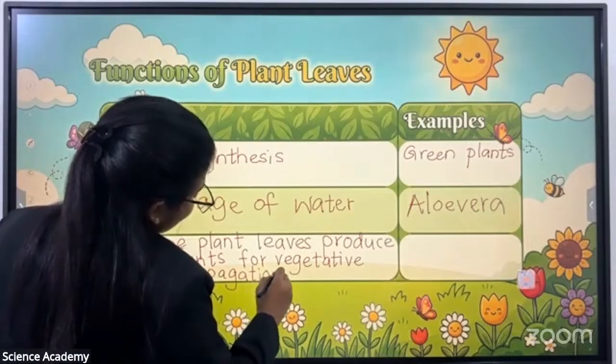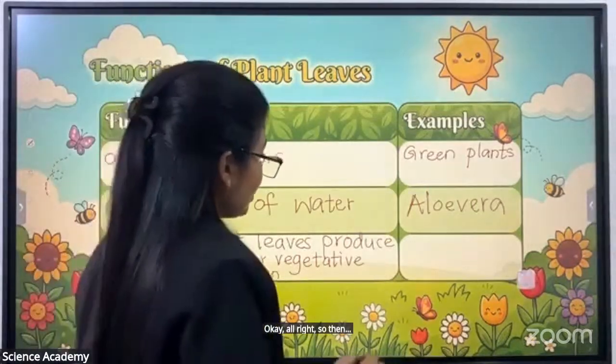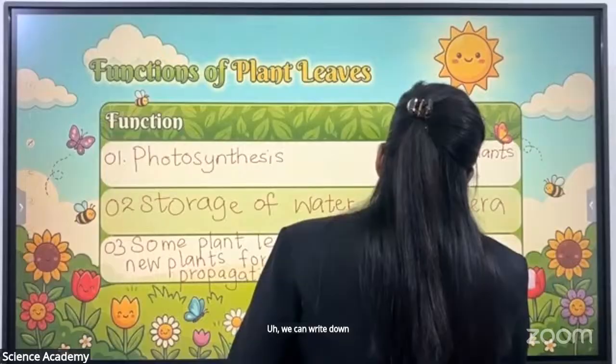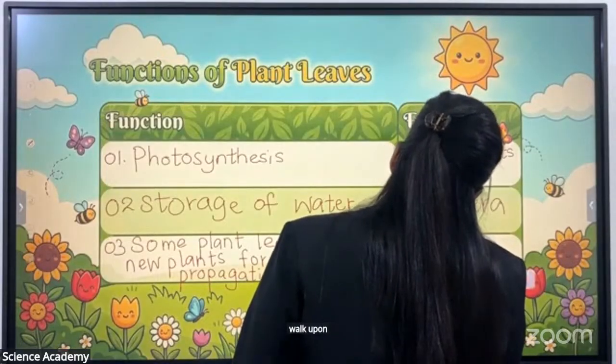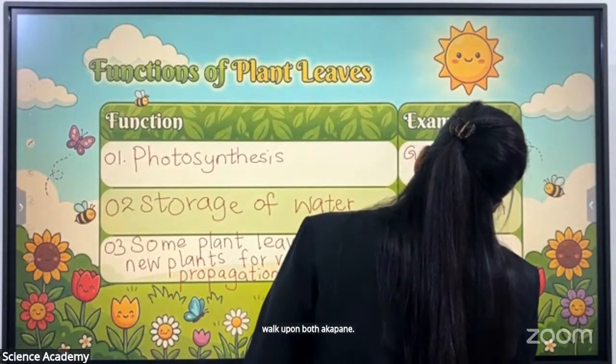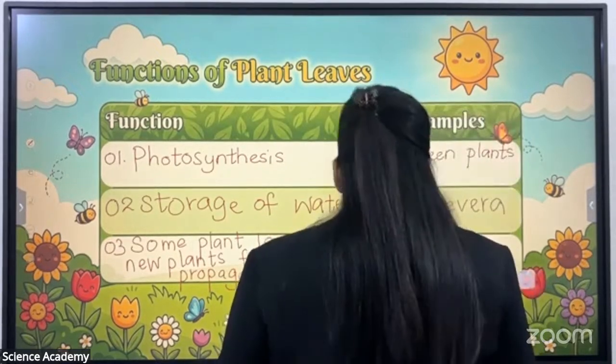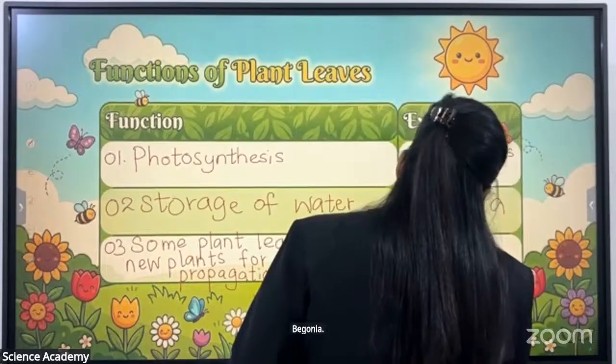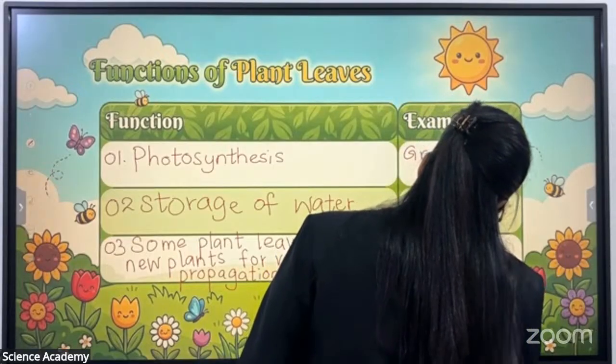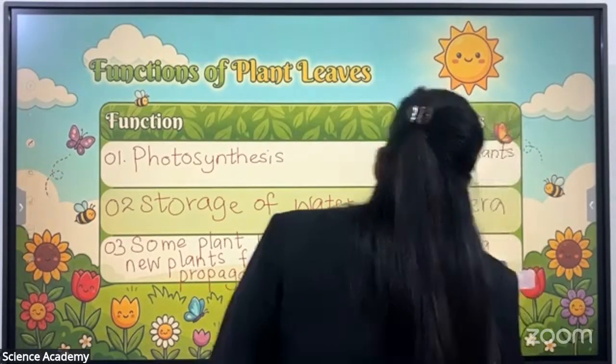Okay. All right. So then we can write down bryophyllum. For Akkapana, both are correct. Akkapana. Begonia. Okay.